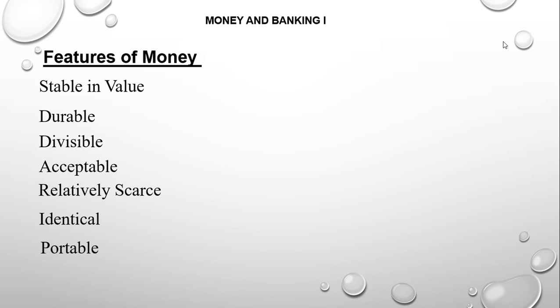That is why for our cedi, we have coins. We have 20 pesewas, 10 pesewas, 50 pesewas, 1 Ghana cedi. If you have 200 Ghana cedis, you should be able to divide it into smaller denominations. So if you have anything that is used for exchange that cannot be divisible, it cannot be considered as money.